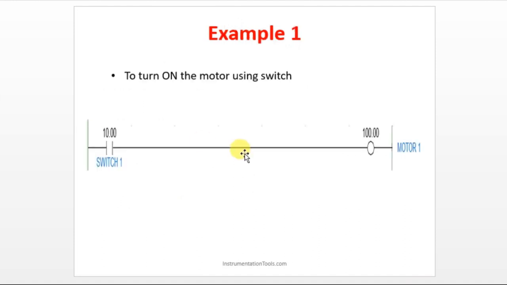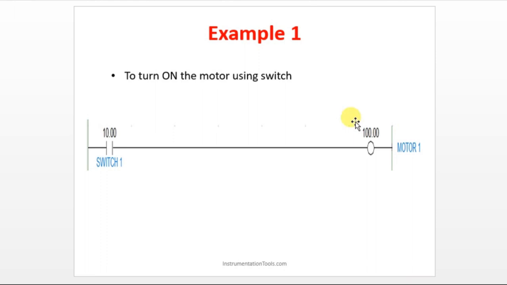Let's see one example for the ladder logic: to turn on a motor using a switch. I'm using one switch and connecting one motor to this. I'm using a normally open contact here. Why have I used a normally open contact? Because I want to turn on a motor by using a switch. If I disturb the switch, the motor has to turn on. 24 volt power is here.